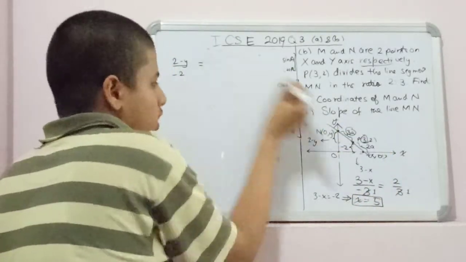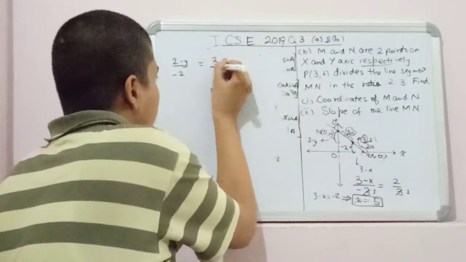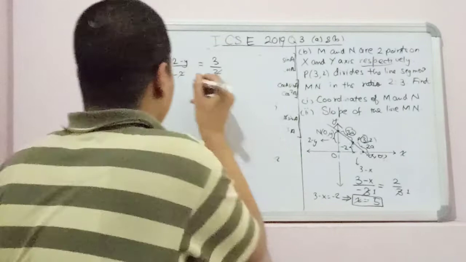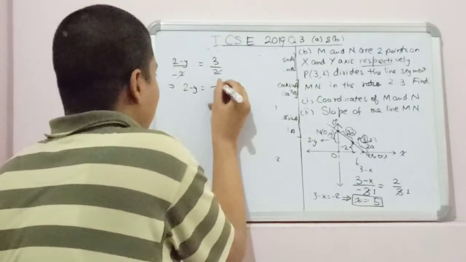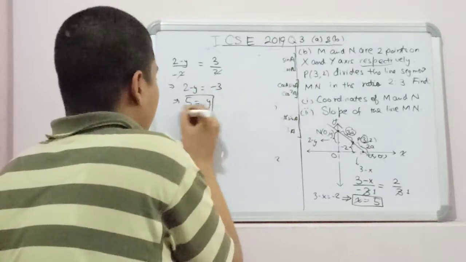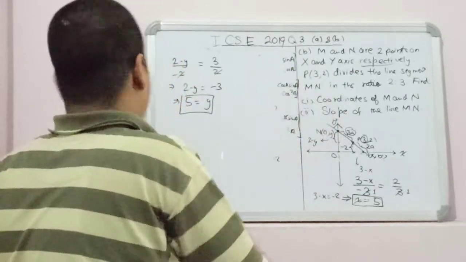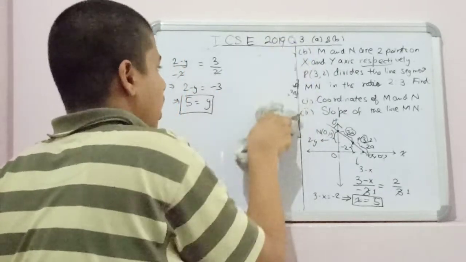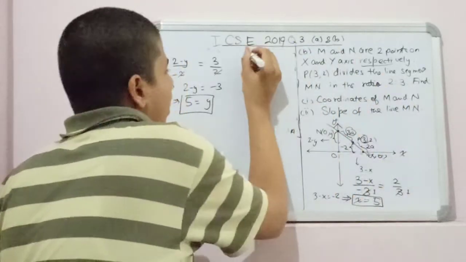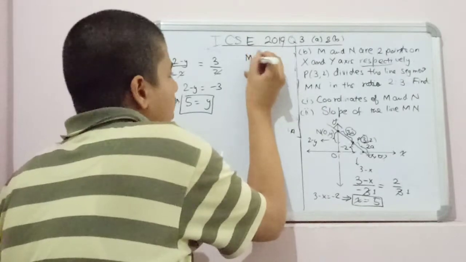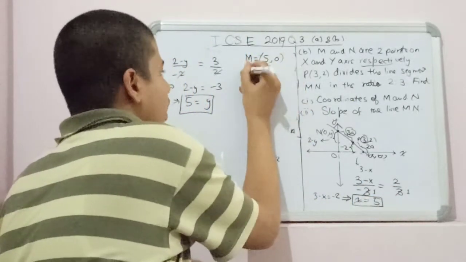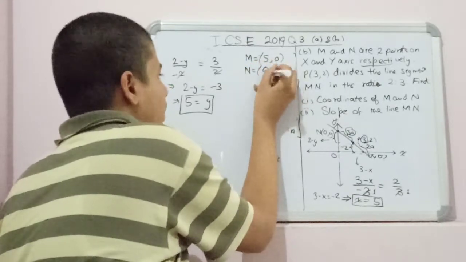That is just 3a to 2a, or 3/2, which tells me I can multiply both sides by -2. 2 minus y equals -3, which means that y equals 5. Very nice. So I have found the coordinates: M is at x-coordinate 5, y-coordinate 0, and N is at (0, 5).